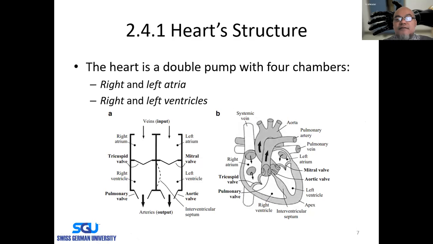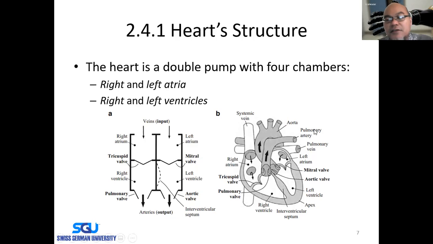The carbon dioxide will be diffused out and then exhaled from our body to the surrounding atmosphere, and we inhale oxygen and diffuse that oxygen into the blood in the lung.